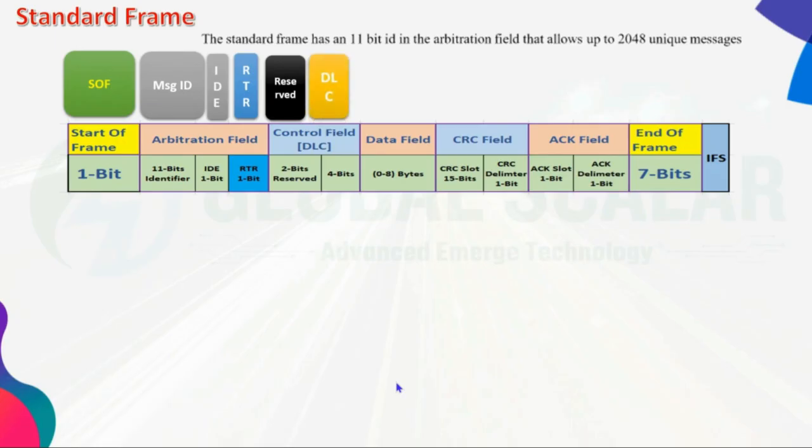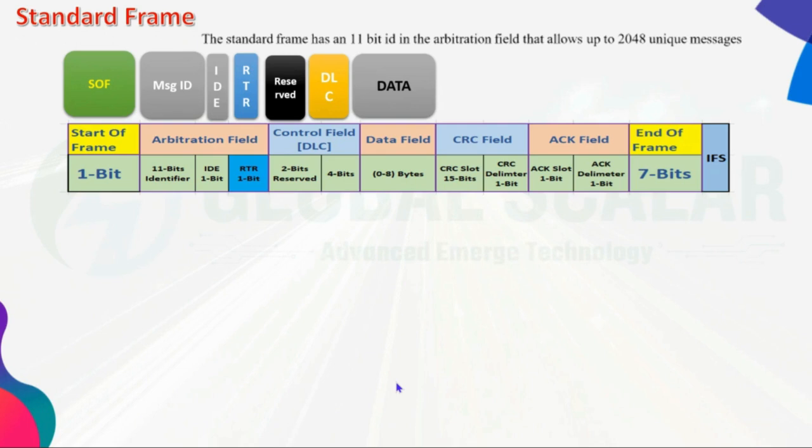Next we have the control field. In the control field, we have 2 reserved bits and 4 bits for the DLC, where the data length is decided. That is, how many bytes of data we transfer in the frame is selected in the DLC. Suppose the DLC is 0001, it means we need to transfer 1 byte of data.